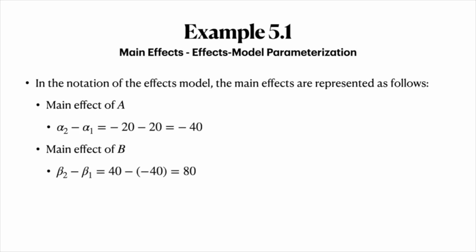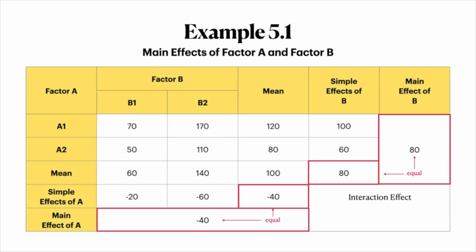When we plug in those values, which remember we were given for the alphas and the betas in the statement of the example, we get negative 40 for the main effect of A and 80 for the main effect of B. And you can see that those agree with the values for the main effects that we calculated using the other methods.